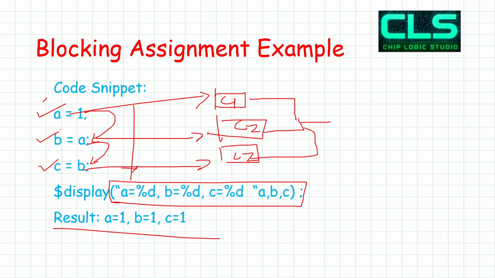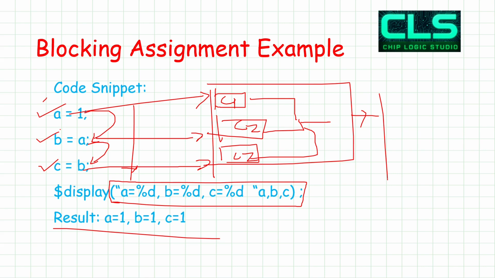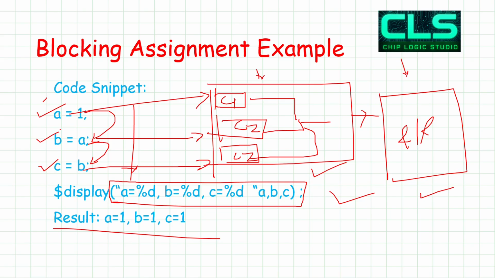After all the execution of these combinational blocks, one combinational block will form in synthesis, and after that it will go to a flop to store the value. So this type of circuit is visible in synthesis: first is the combinational block, and second is the flop. You should remember this. This is your second difference, that one flop or one storage block is created in synthesis of blocking assignment.